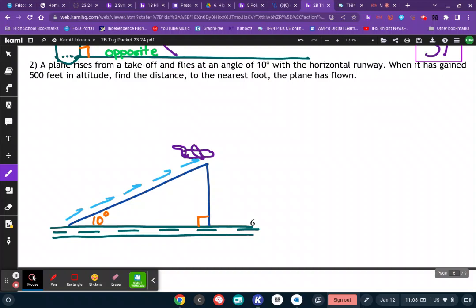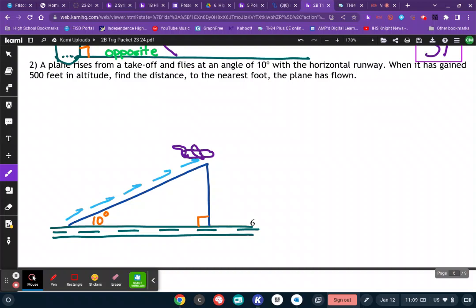The problem reads: a plane rises from takeoff and flies at an angle of 10 degrees with the horizontal runway. Most of us can easily imagine where that 10 degrees belongs. When it gained 500 feet in altitude. So, first of all, tell me what altitude means. The word altitude.